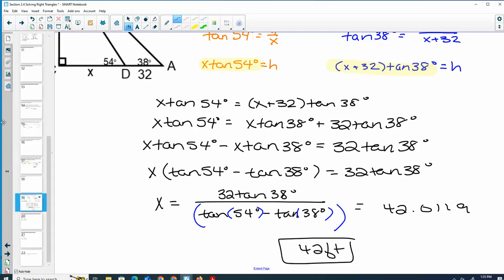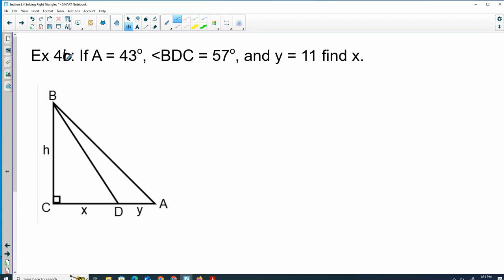Let's try another one like this. Let's see what we have.